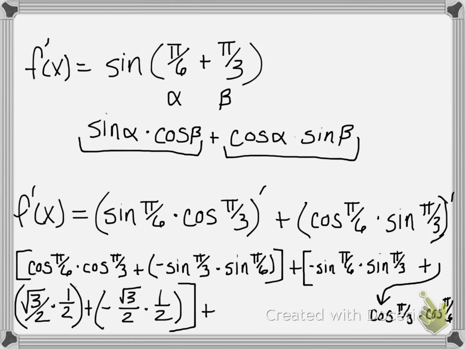And so then we just said the sine of pi over 6 is 1/2, and that's negative, so we're going to have negative 1/2 times sine of pi over 3, which is the square root of 3 over 2.